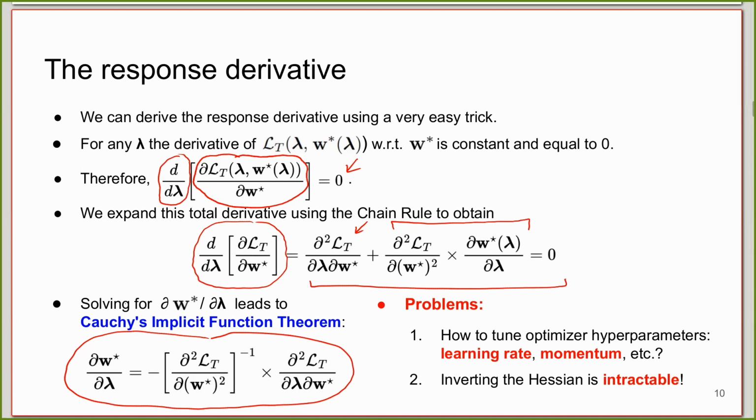You have the inverse Hessian of your training loss, with a minus sign, times the derivative of the training loss with respect to W star and then with respect to lambda. So now we have an exact solution for this derivative, and we could in principle use this to tune our hyperparameters.